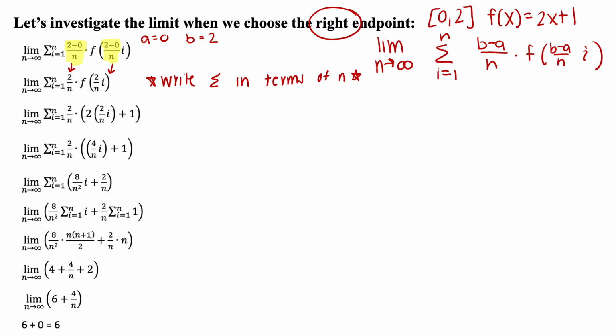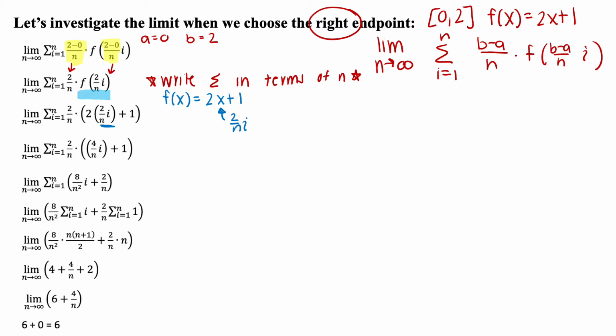In order to do that, we want to take this notation, this f of 2 over n times i, and plug it in to get rid of that f of x notation. Knowing that our function f of x is equal to 2x plus 1, we're going to plug in 2 over n times i for that x. So that's how we jump down to this next line.